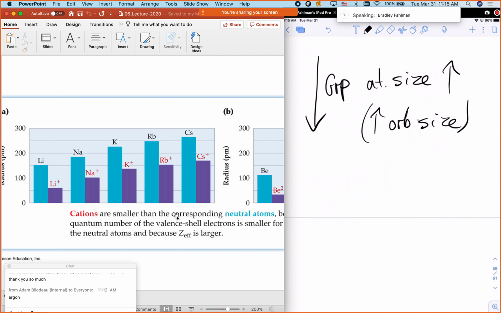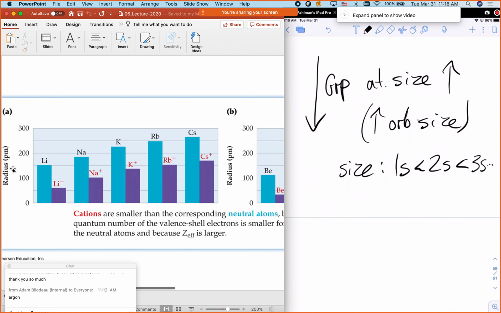For instance, for dimensions, a 1s is smaller than 2s, is smaller than 3s, etc. Okay. And so we see that trend here. So these blue boxes are showing that trend. So we're going down group 1, and they're going up in size.